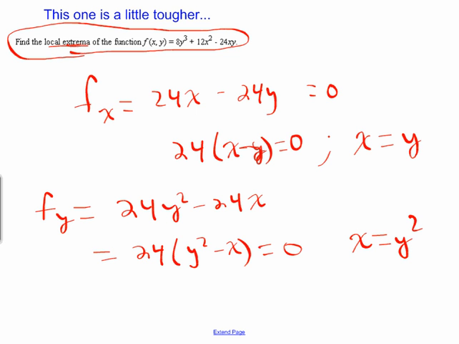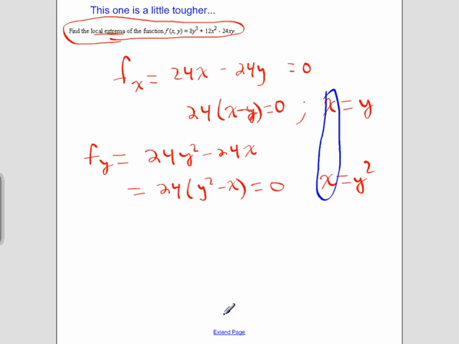So for these both to be true, we can use substitution. We know that y must equal y squared. And this happens when y is either 0 or 1.